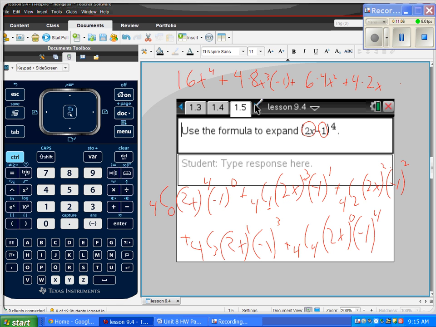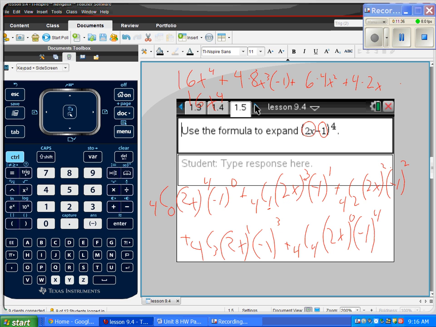So all you got to do now is just clean this up a little bit. 16x to the fourth. I skipped over one. Oh, I did skip it, you're right. The one I skipped, 4c3. Oh, yeah, this is a negative 1.